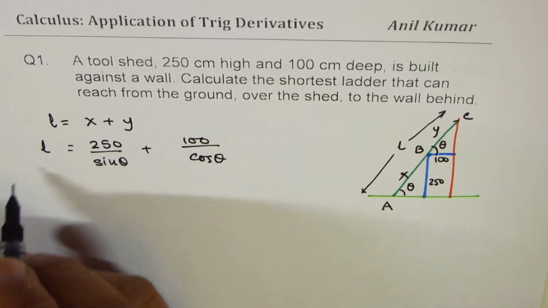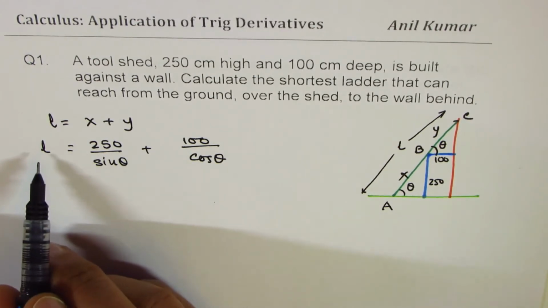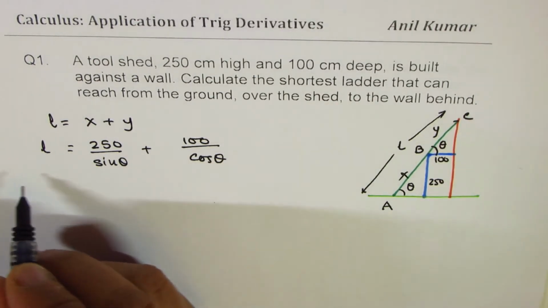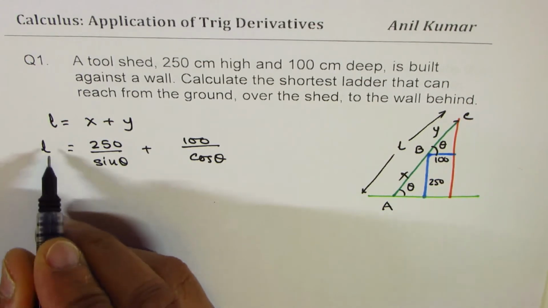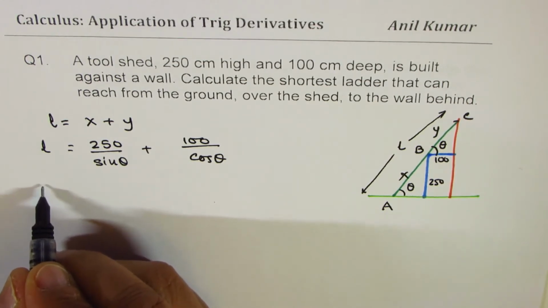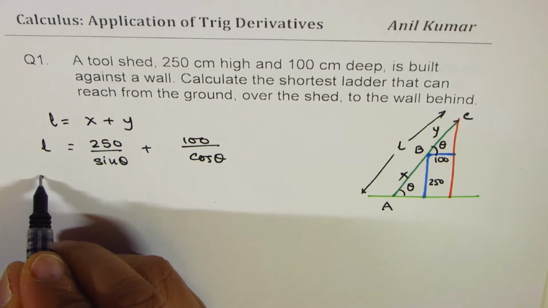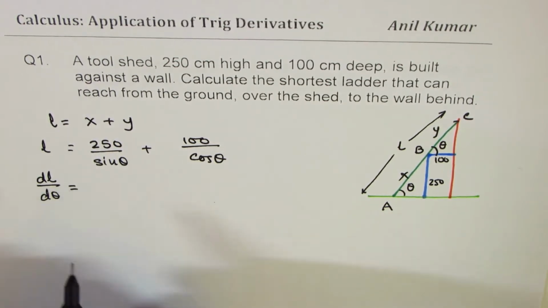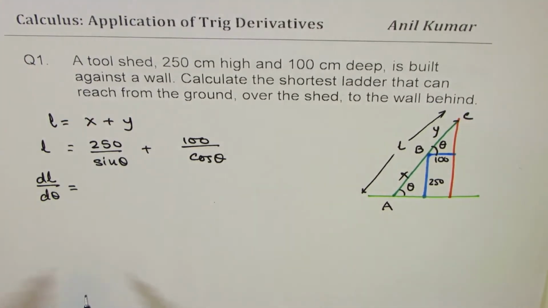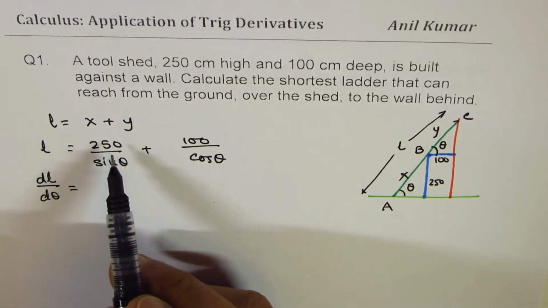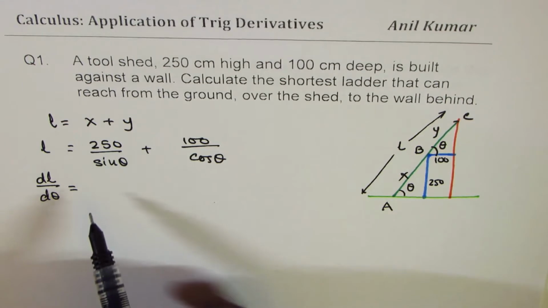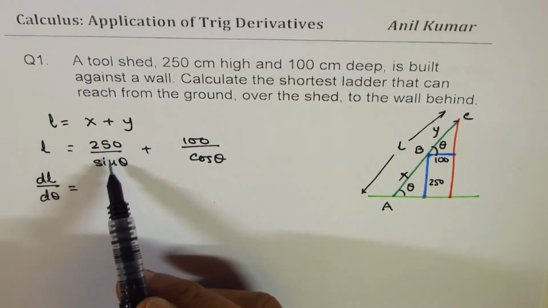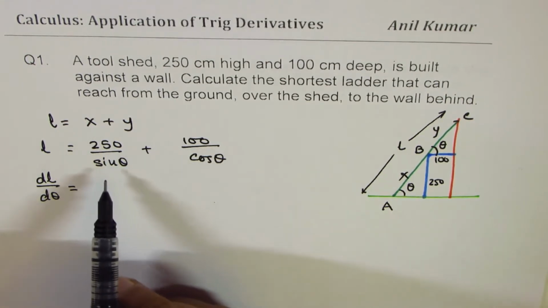Now once we know that, to find the shortest length of the ladder, we can find the derivative of L with respect to theta. So dL/d theta is equal to derivative of this. You can actually write this as cosecant theta and then do the derivative, or you could do it directly also, right?